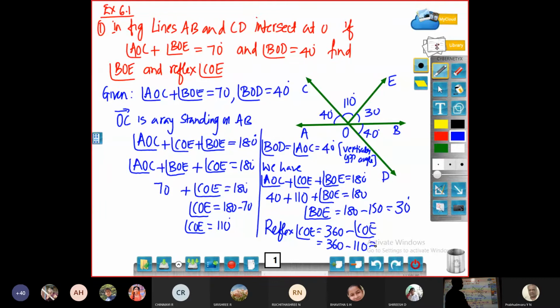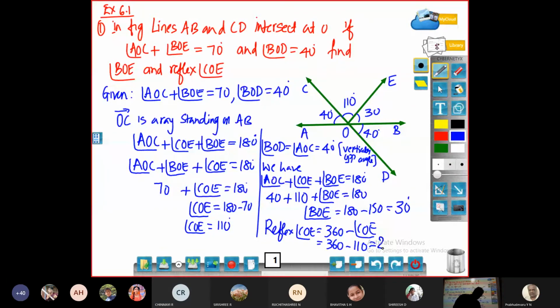We want the reflex angle. Reflex angle means, look at the diagram, this angle. In red mark I have shown that is reflex. So 360 degrees minus 110 degrees, subtract this and we get 250 degrees.